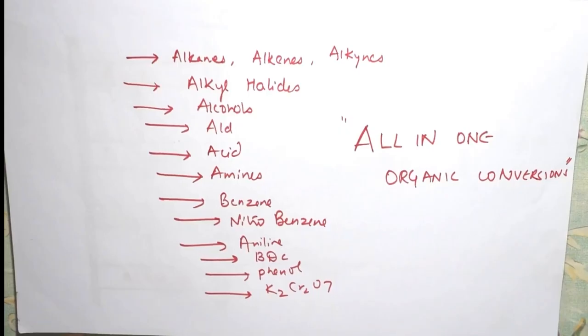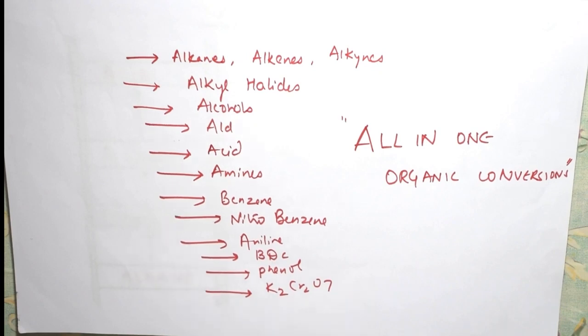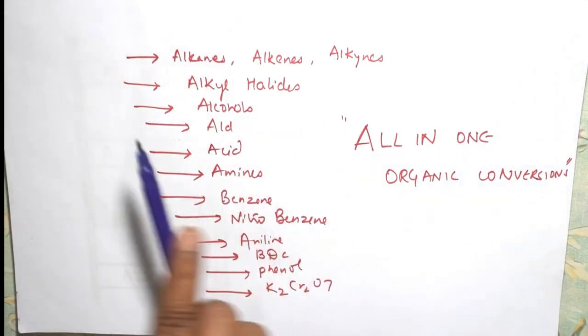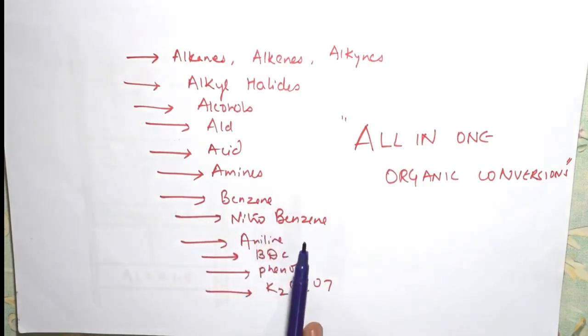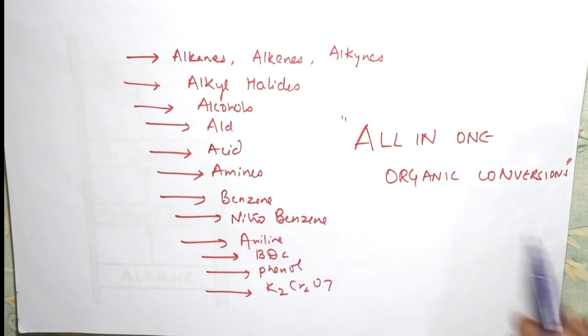Right, students. So as I said, we'll be doing all-in-one conversions, the cheat sheet for your organic chemistry conversions. Today the topics I'm going to cover are alkanes, alkyl halides, alcohols, aldehydes, acids, amines, benzene, nitrobenzene, aniline, BDC, phenol, potassium dichromate, everything will be there, students.